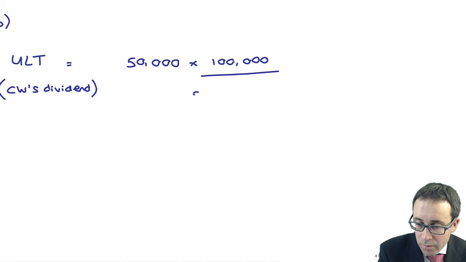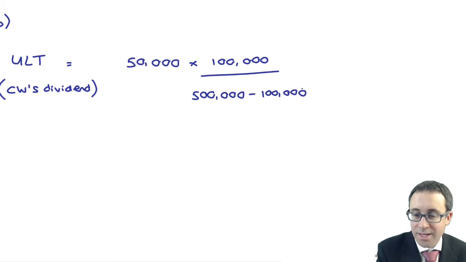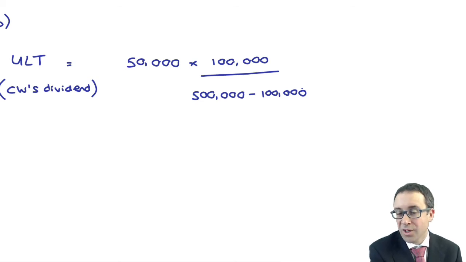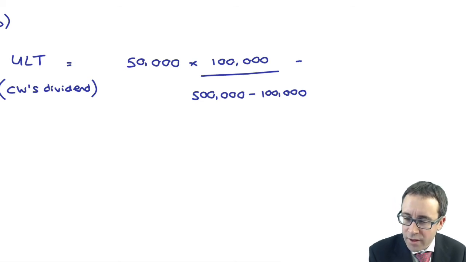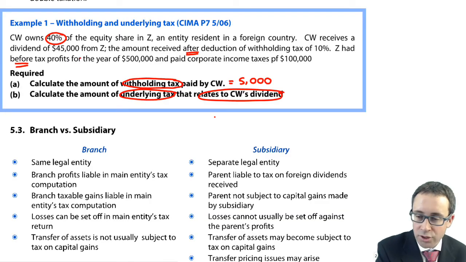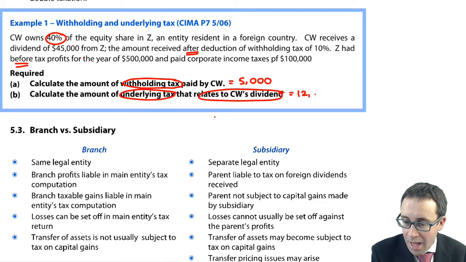Be very careful: the profit after tax wasn't given, so you need to calculate it. So you've got 100/400, and 100 is a quarter of 400. A quarter of 50 is 12,500. That is the underlying tax that, depending upon the tax jurisdiction, may be allowed to be reclaimed.